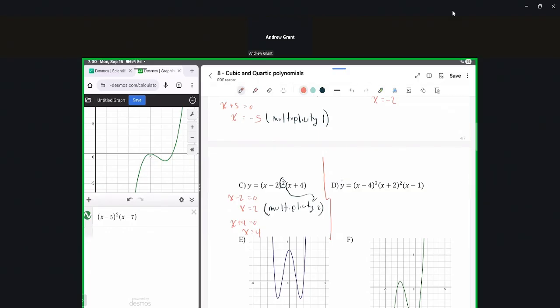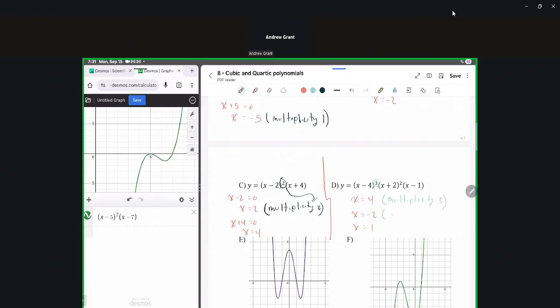For letter D, we have y is equal to x minus 4 to the power of 3 multiplied by x plus 2 to the power of 2 times x minus 1. So already you should be thinking, well, the corresponding x-intercepts are x equals 4, x equals negative 2, and x is equal to 1. At x equals 4, we would say that this is multiplicity 3.